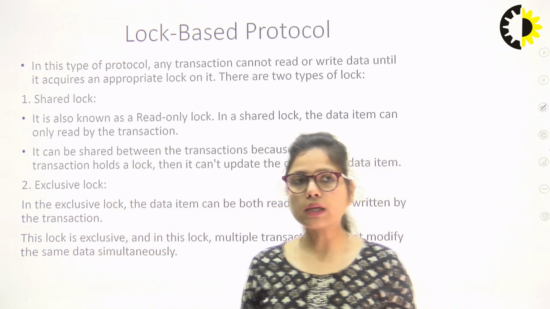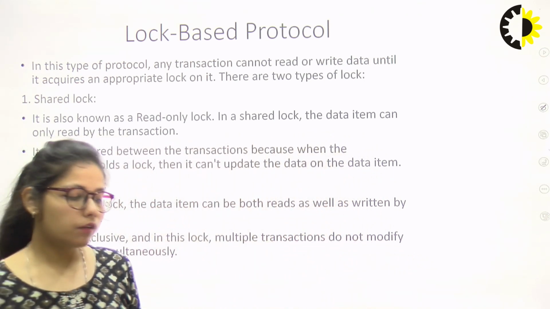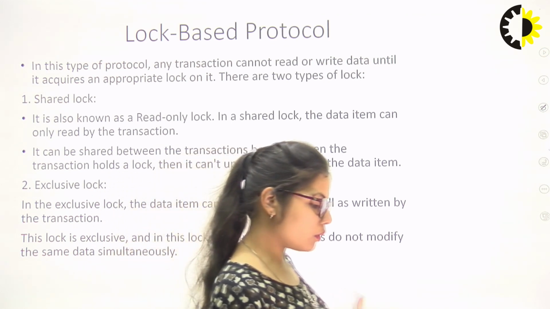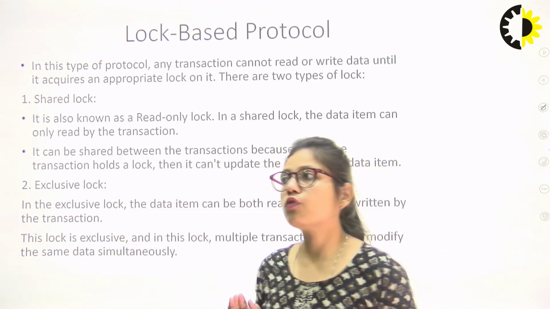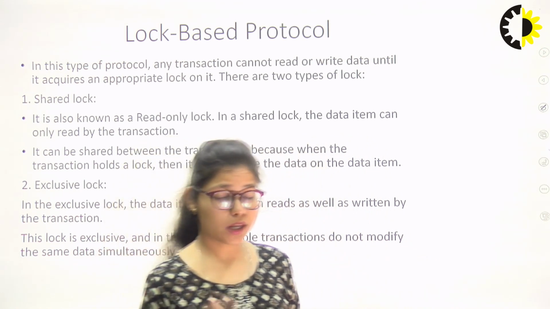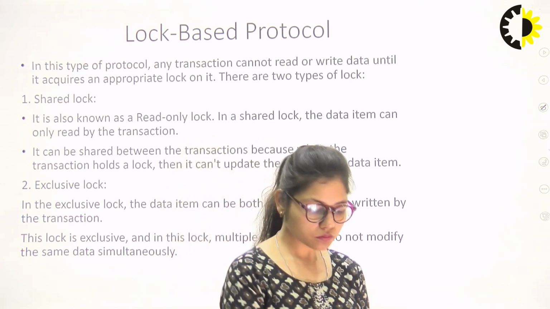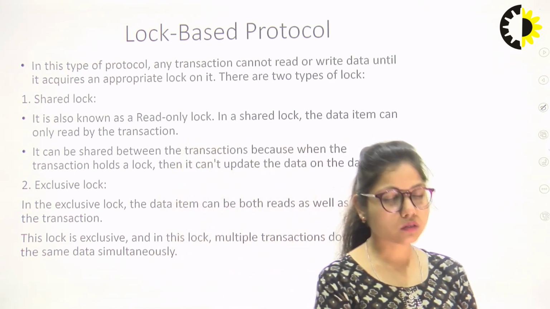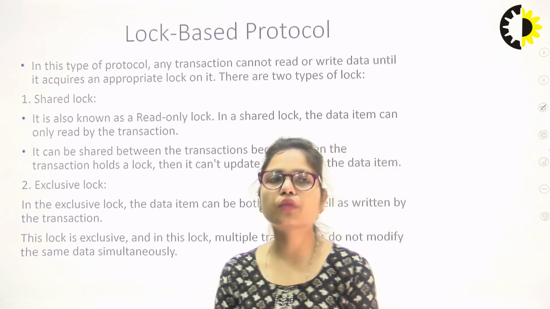Now we have two types of lock: shared lock and exclusive lock. In shared lock, the transaction can only perform the read function, and in exclusive lock, the transaction can perform both read and write functions. Now I'll explain the definitions. What is a shared lock? It is also known as a read-only lock. In shared lock, the data item can only be read by the transaction.